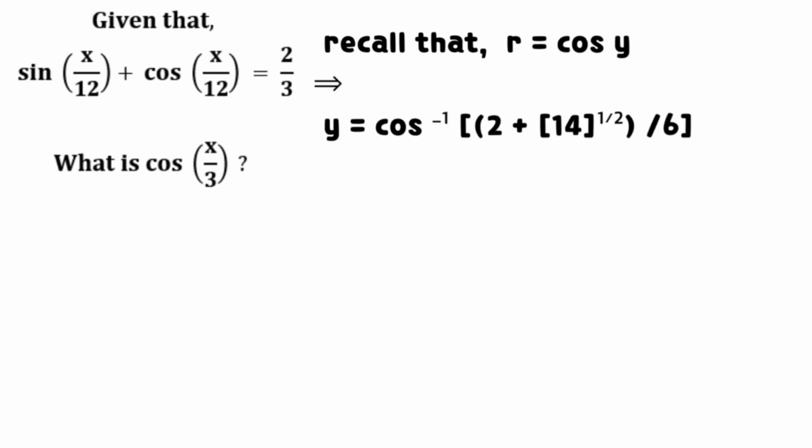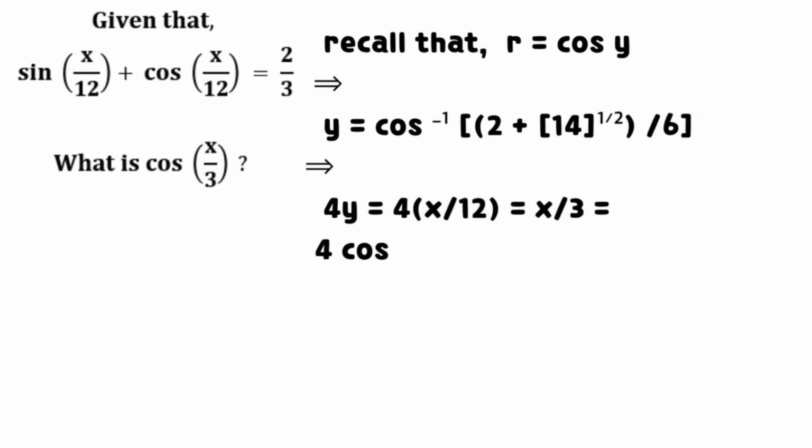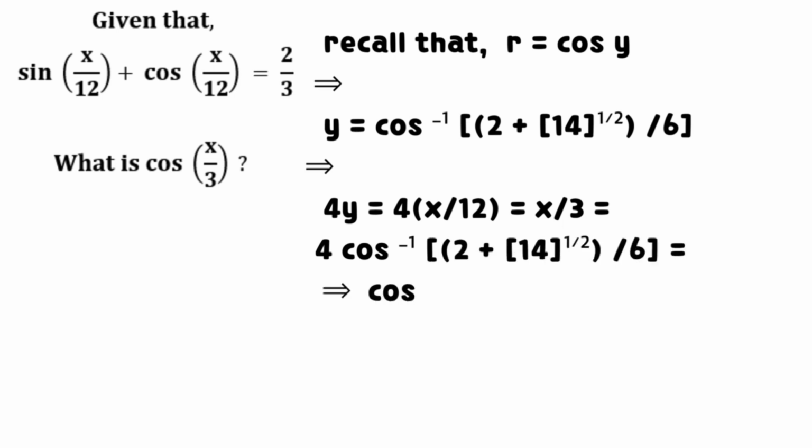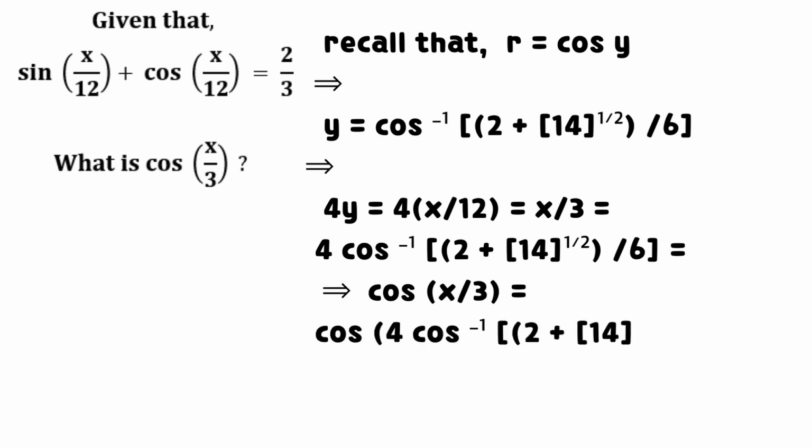Recall that r equals cosine y. It signifies that y equals the cosine inverse of the sum of 2 and the square root of 14 all divided by 6. This implies that by multiplying y by 4, we obtained x divided by 3.